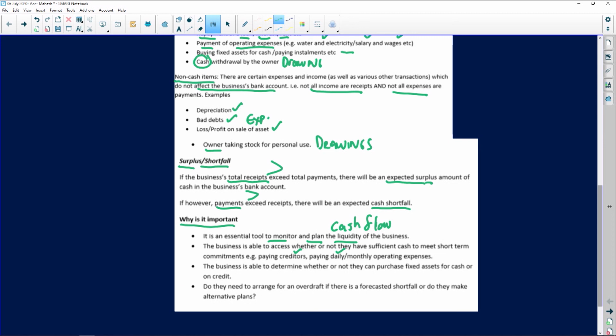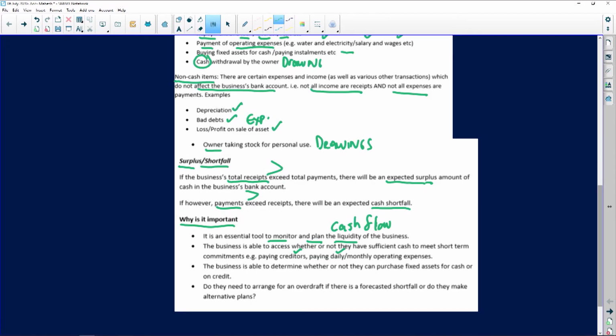Will I have sufficient cash to pay off my current liabilities as well as my operating expenses? The business is also able to determine whether or not they can purchase fixed assets for cash, or rather, should I buy on credit? And then finally, do they need to arrange for an overdraft if there is a forecasted shortfall, or do they need to make alternate plans?